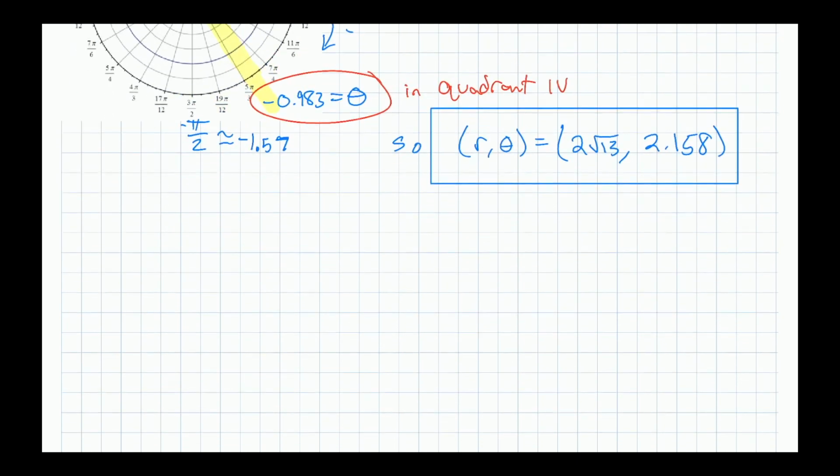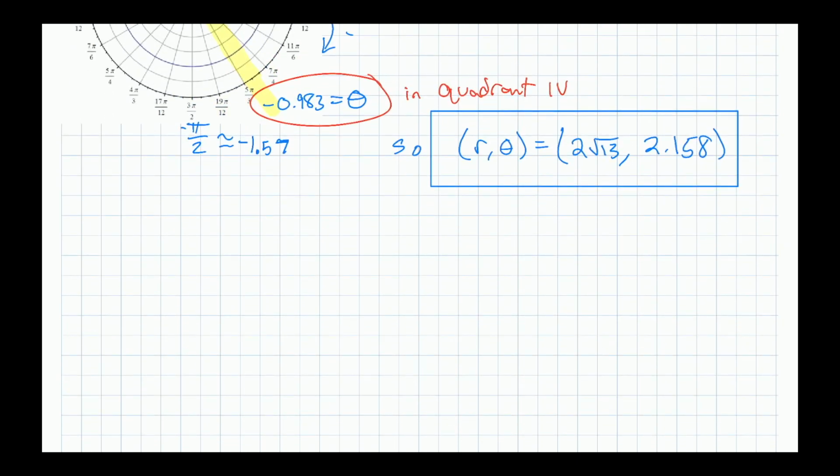So the moral of the story is if theta comes up in the wrong quadrant, add pi, and it'll be the correct one.